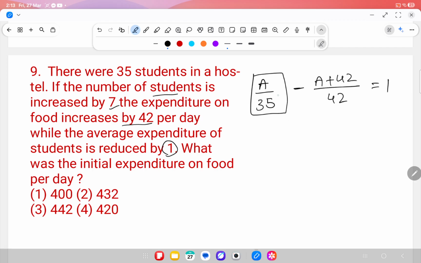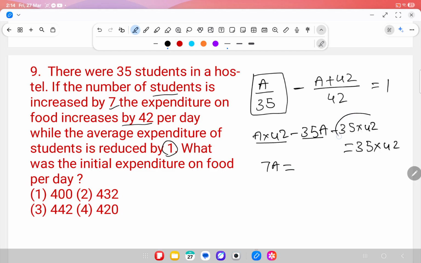A, directly take the LCM. A into 42 minus 35A minus 35 into 42 is equal to 35 into 42. Now 42A minus 35A is 7A. 7A is equal to this 35 into 42.